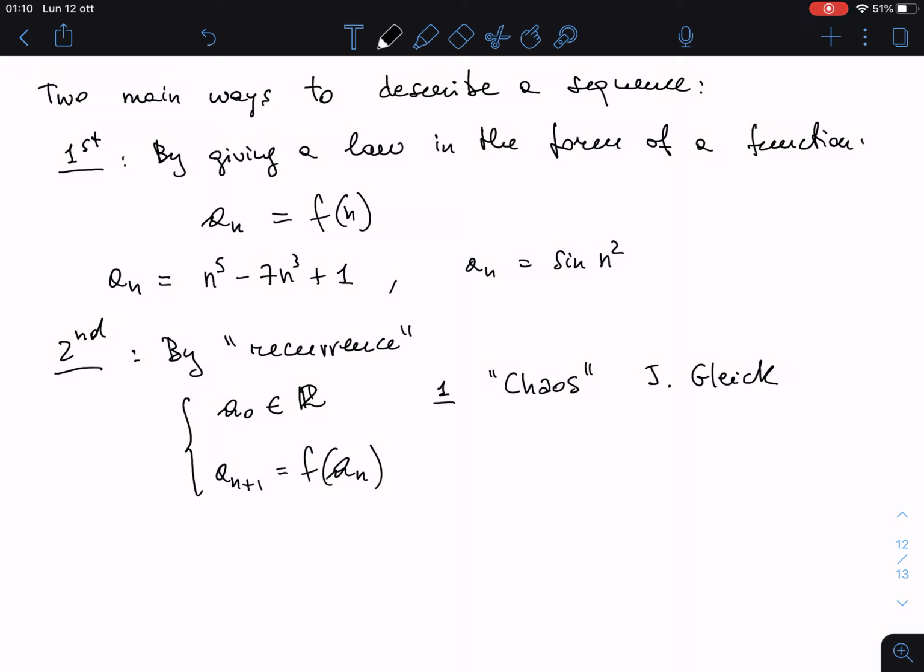Gleick is a journalist. He writes quite well about scientific stuff. And the second, which is much better, is a French book, Hasard et Chaos, written by David Ruelle, who is a Belgian, and he's one of the founders of rigorous statistical mechanics. So he really had to deal a great deal with probability.